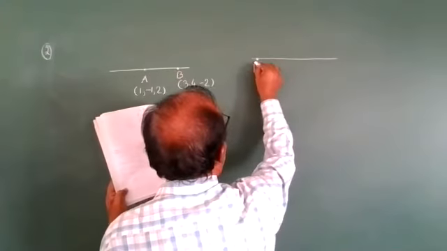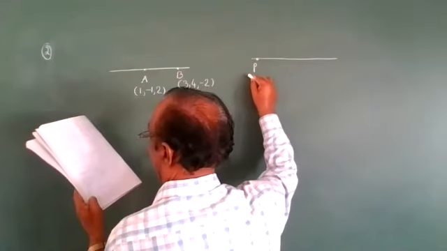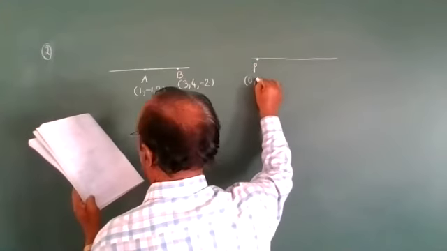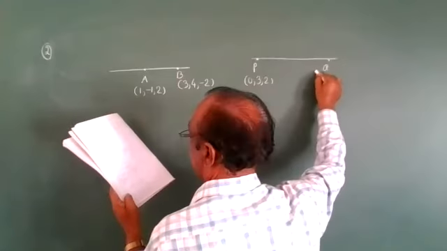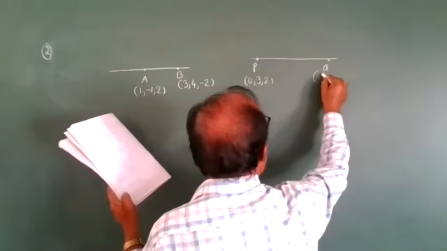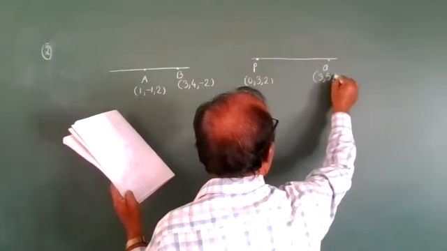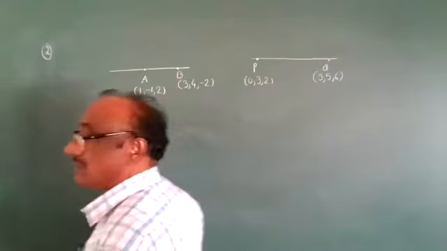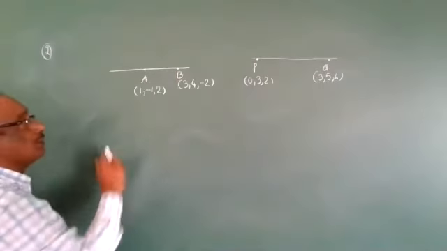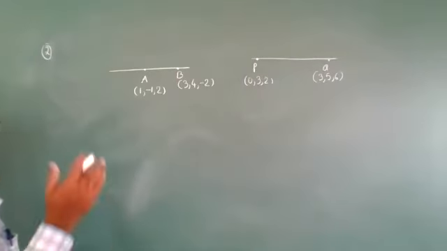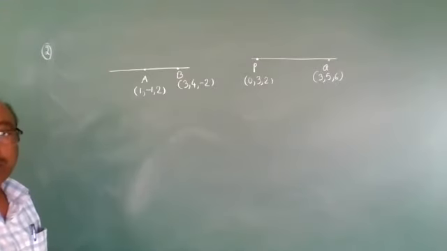P is 0, 3, 2 and Q is 3, 5, 6. The first line is passing through the points A and B, and the second line is passing through the points P and Q.